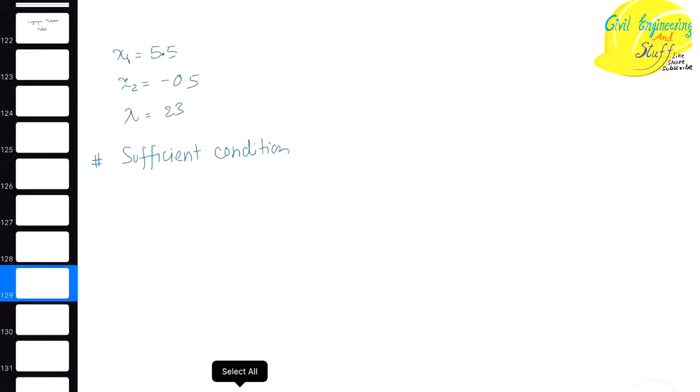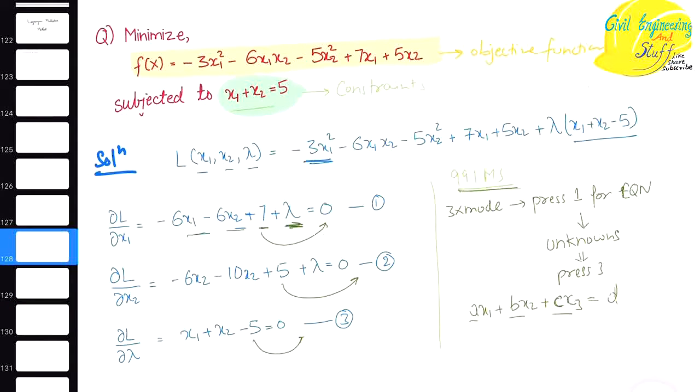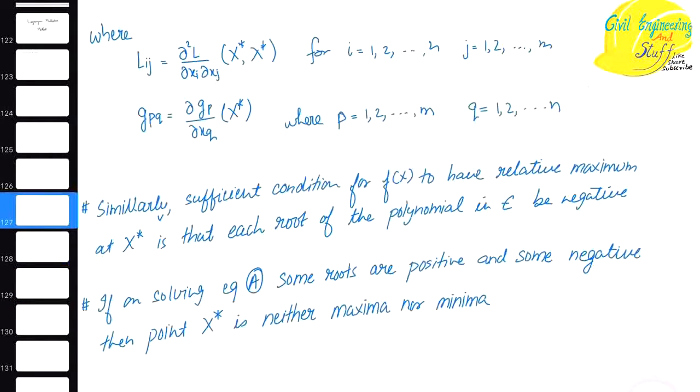For that we are going to prepare the matrix, and since we have two variables, first of all we will find L11, that is Lij, where in this case i is 1 and j is also 1.